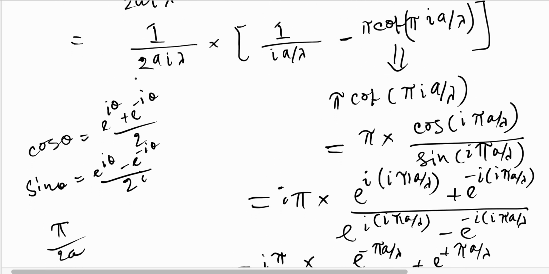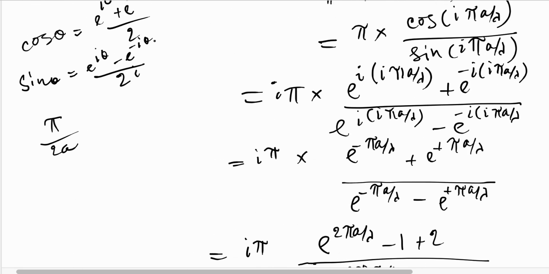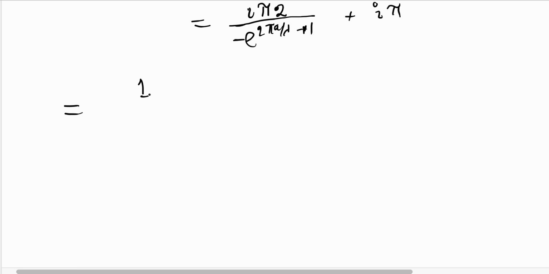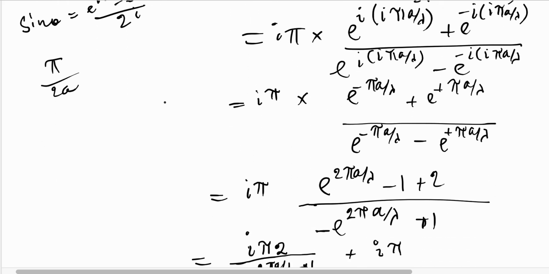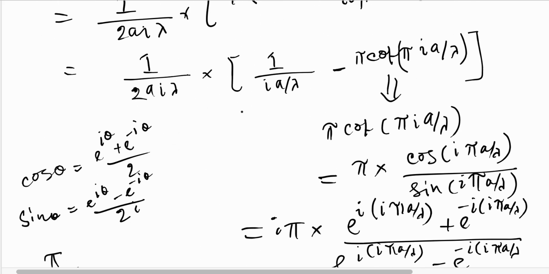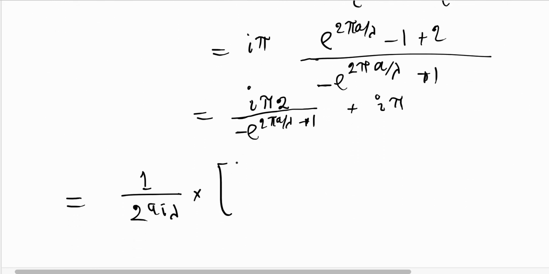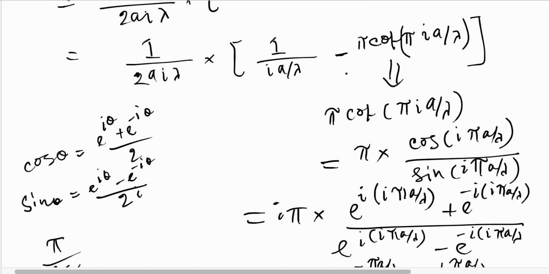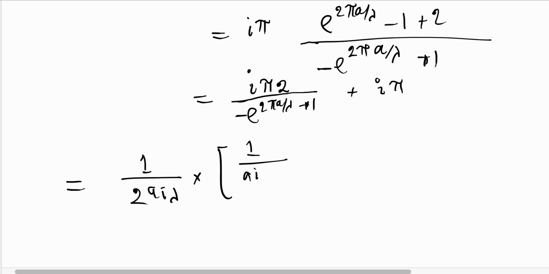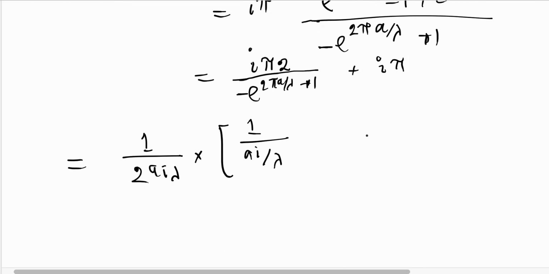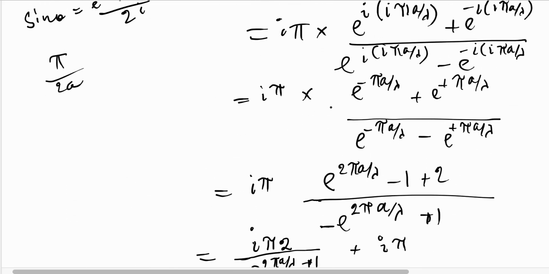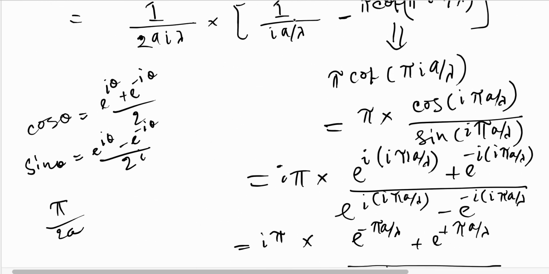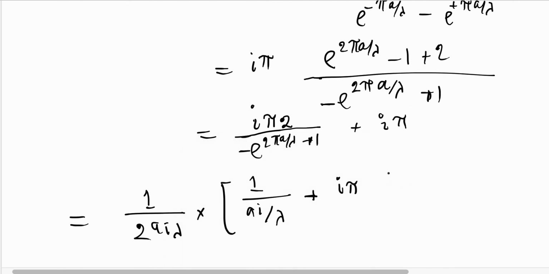If I put it there, I will get 1 by 2a lambda into 1 by a lambda minus, so lambda will be upper, so a i pi lambda plus i pi plus 2 pi i by 1 minus e to the power 2 pi a by lambda.